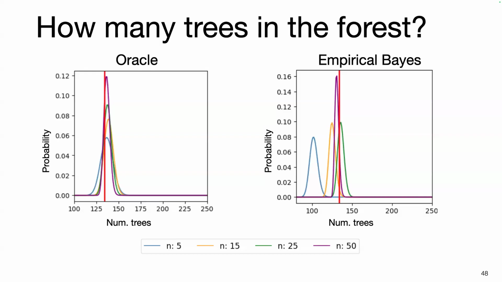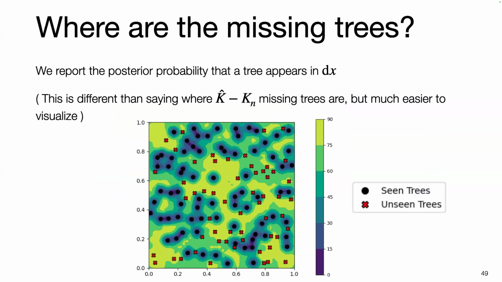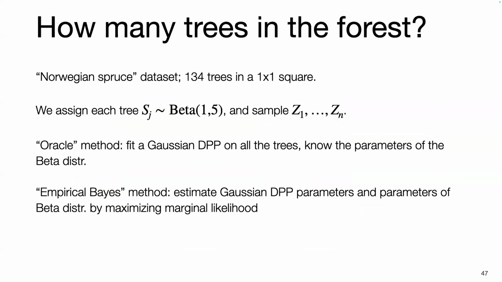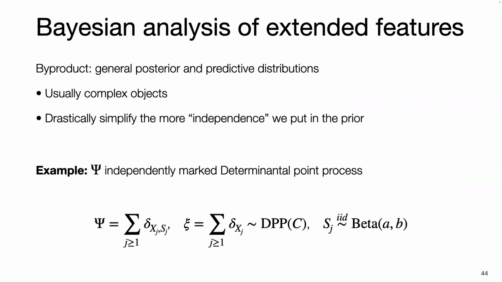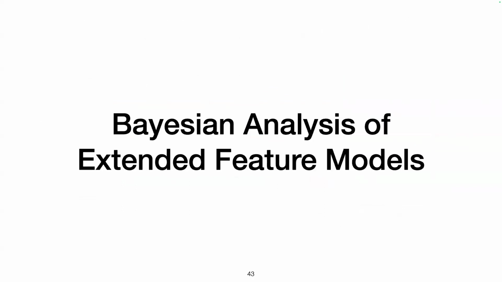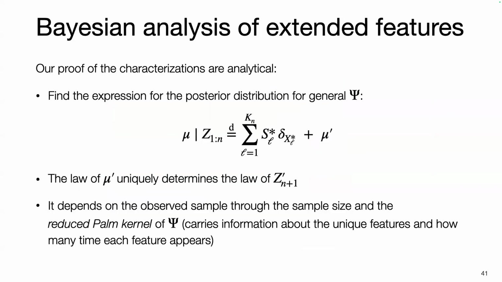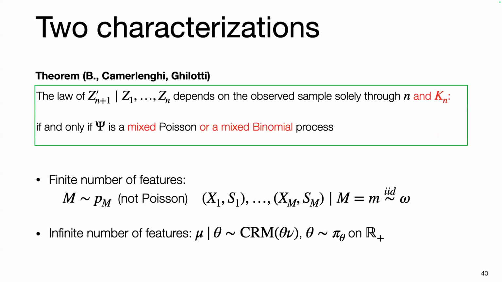Yeah, I think that we lose everything basically. I think that they have conjugacy if they assume completely random measures, if I'm not mistaken. As soon as you step out of the class of completely random measures, then you lose any hope of conjugacy. So also in the case of mixed Poisson or mixed binomial processes, you don't get conjugacy.